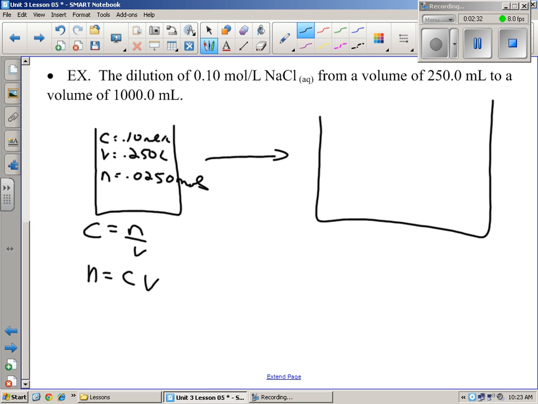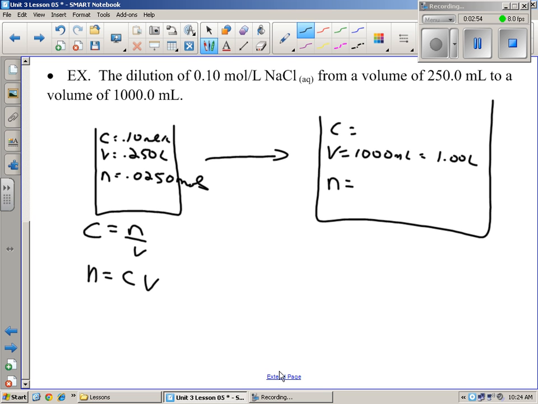Now, if I take this beaker and add water to it to get a final volume of 1,000 milliliters, or a liter, basically the same thing, how does the concentration change? Obviously, it should go down.